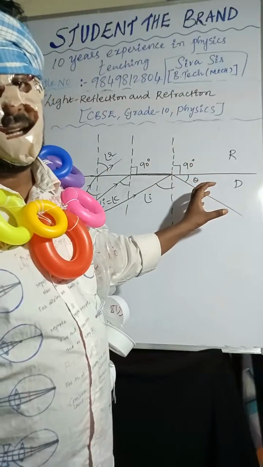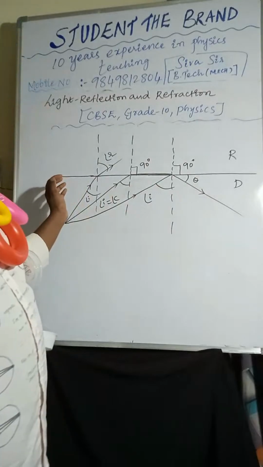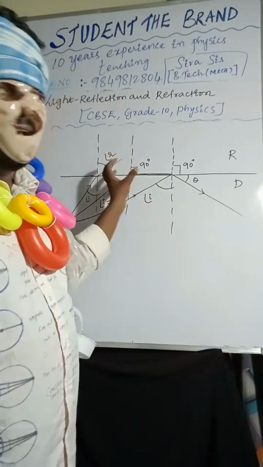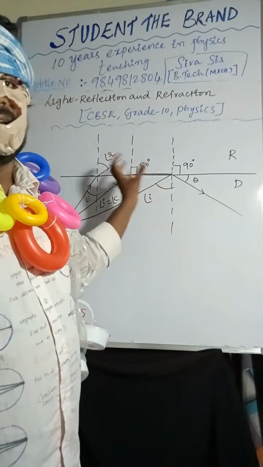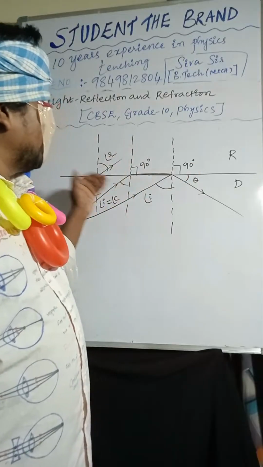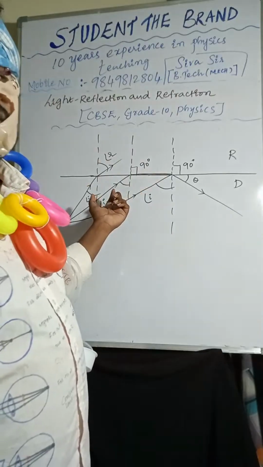So I am considering here, if the light ray passing from denser to rarer moves away from the normal line, then at a certain angle of incidence the refracted ray passes along the surface. That is called critical angle.